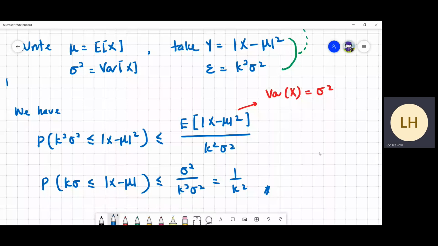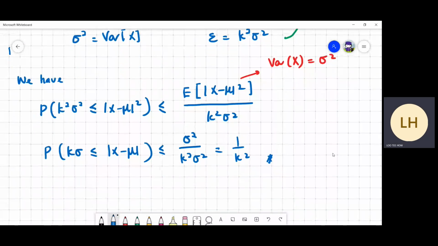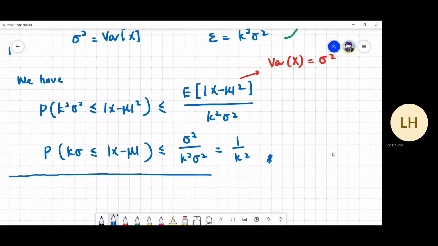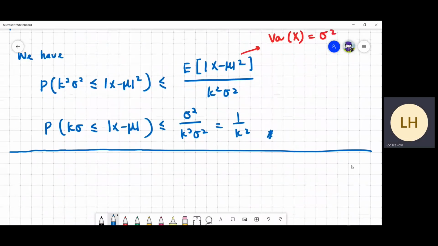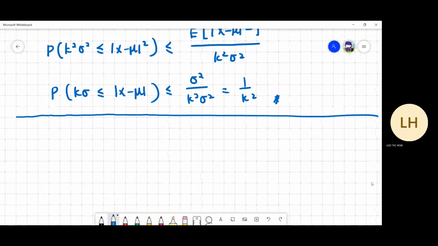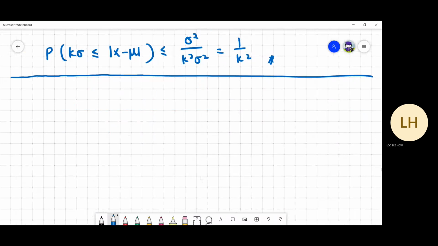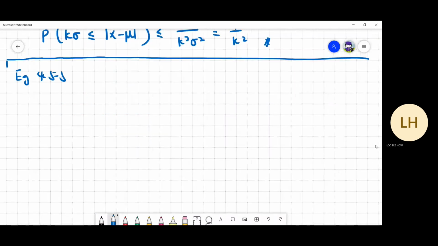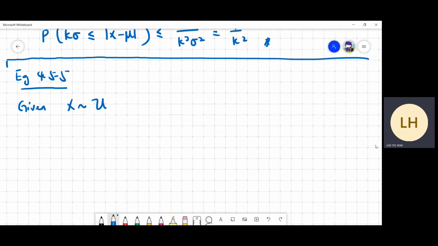Right. Okay, let's carry on with example 4.5.5. In this example, we consider x to be a uniform distribution over the interval 0, 1.